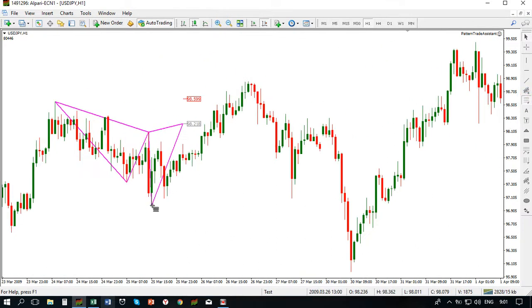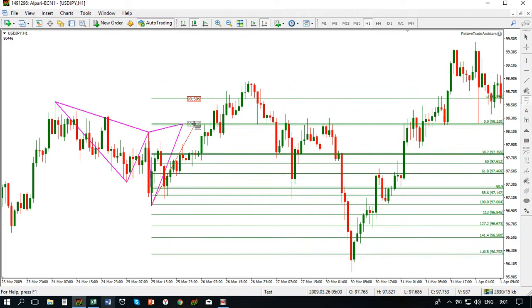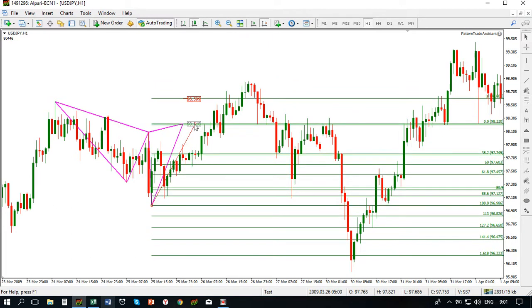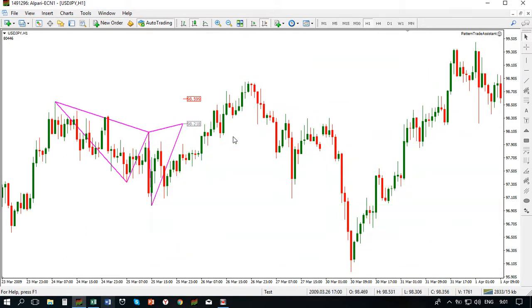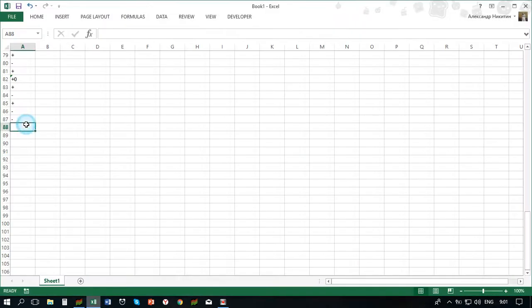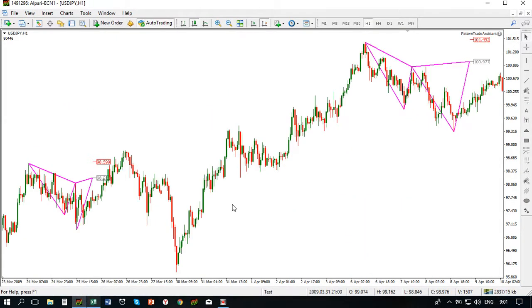You can call it offset, you can call it front run or whatever. Doesn't hit anything. Maybe front run will be a better word. It is a loss. Next.